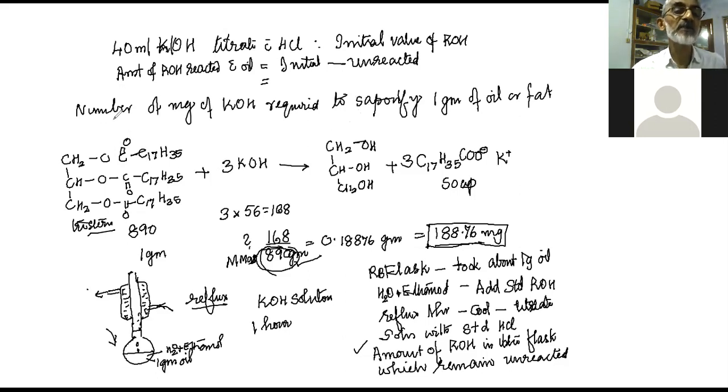Now, whether a high saponification value or a low saponification value is favorable for an oil: a high sap value is demanded. High sap value means more ester.